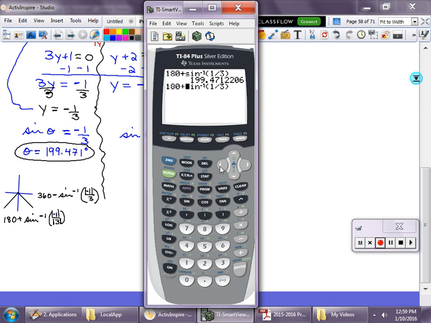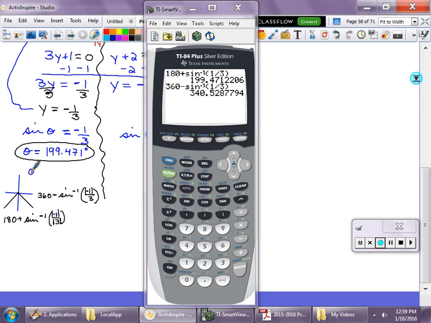I'm just going back to the beginning and typing over, which is 360, and then minus. Enter. And again, there's your fourth quadrant, which is theta equals 340.529 degrees. Check as you do this: 340 is greater than 270, less than 360.